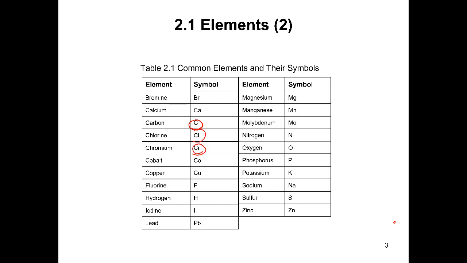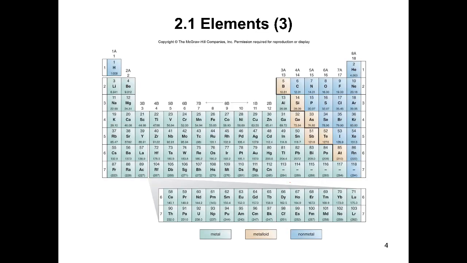Chromium, chlorine, fluorine, iodine, hydrogen. All of these make a lot of sense. Nitrogen, oxygen. But then you have these crazy ones. Potassium is a capital K, and sodium is Na. So there are some that have unusual abbreviations that you may need to commit to memory.